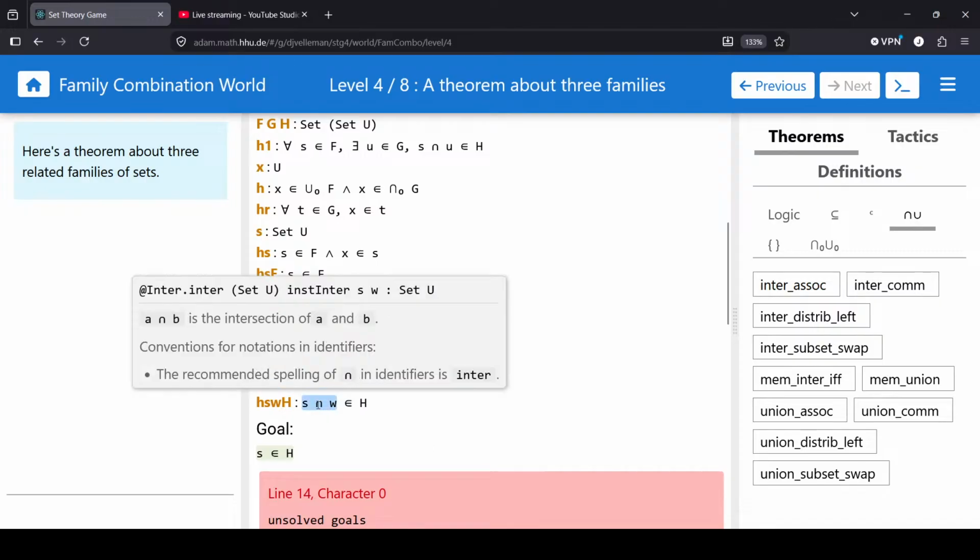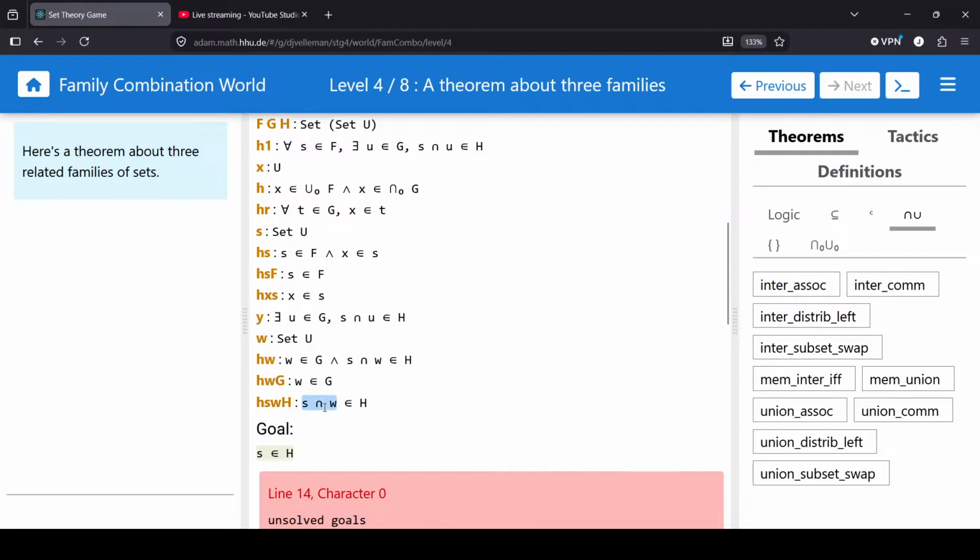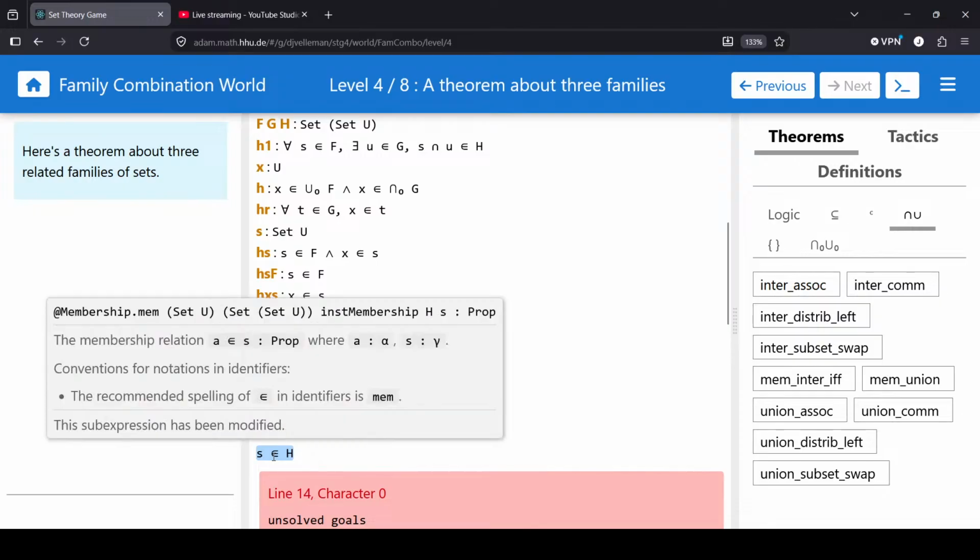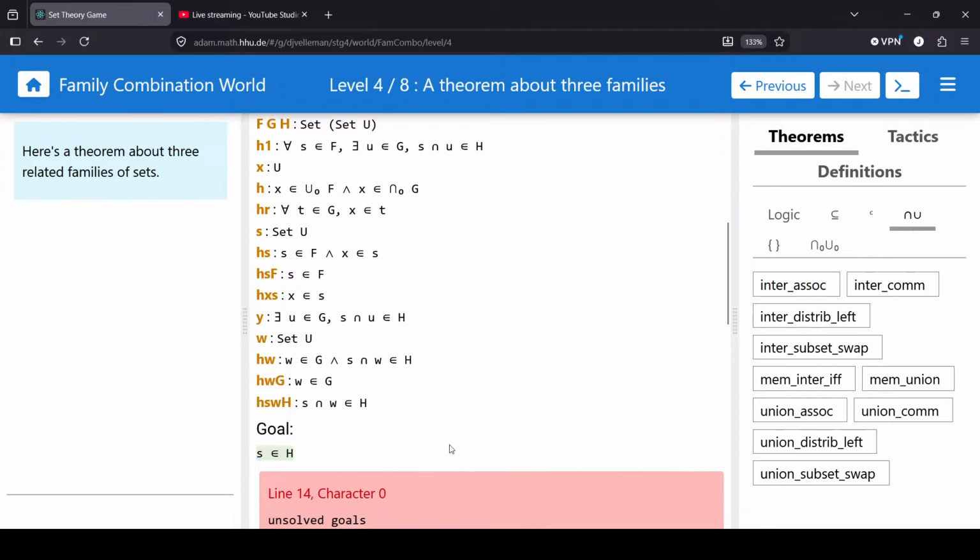So I have S intersect W is an H, and I think that means S is an H. But actually, I guess that's not necessarily the same thing, is it? The intersection being an H doesn't imply S is an H, since that only implies that one specific set is an H. H could have S inter W, but not the empty set.